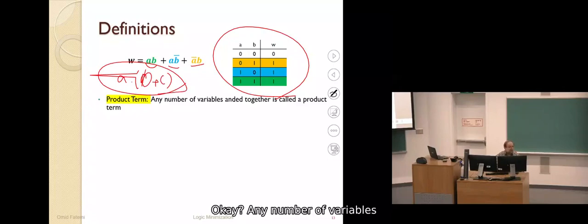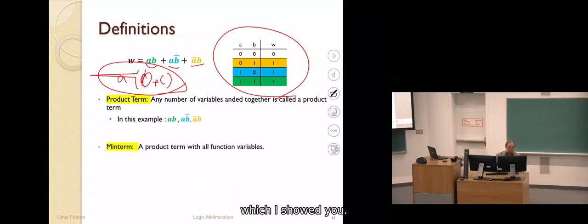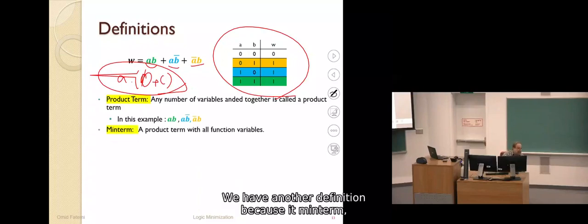Any number of variables multiplied together is called a product term, which I showed you. We have another definition. We call it a min term if all of the variables are in the product term.